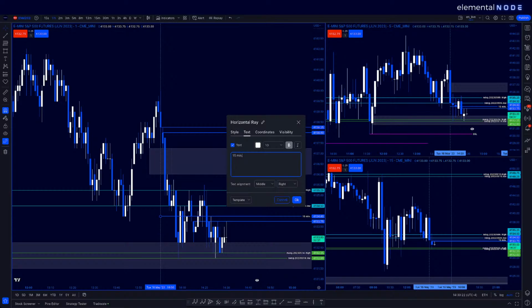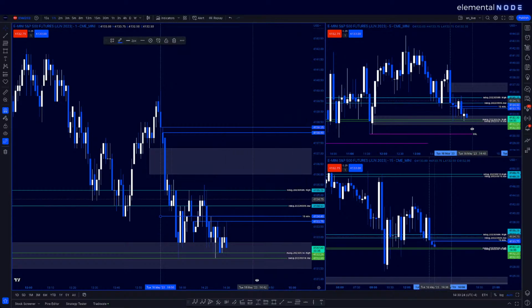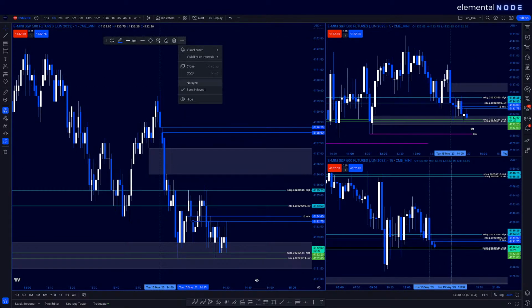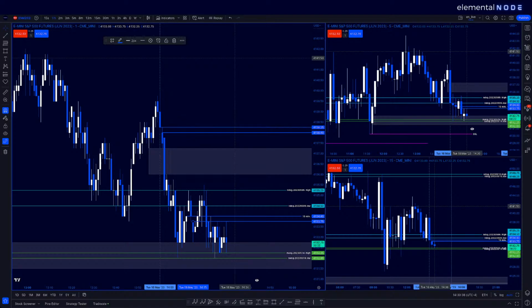Alright, so there's our 15-minute volume imbalance. Looks like we tapped it again, and I believe it's in line with our magenta line. Yeah, it's in line with our magenta line that we drew earlier, so that's pretty interesting. That doesn't really mean anything. Let's see if it wants to take out the sell side.